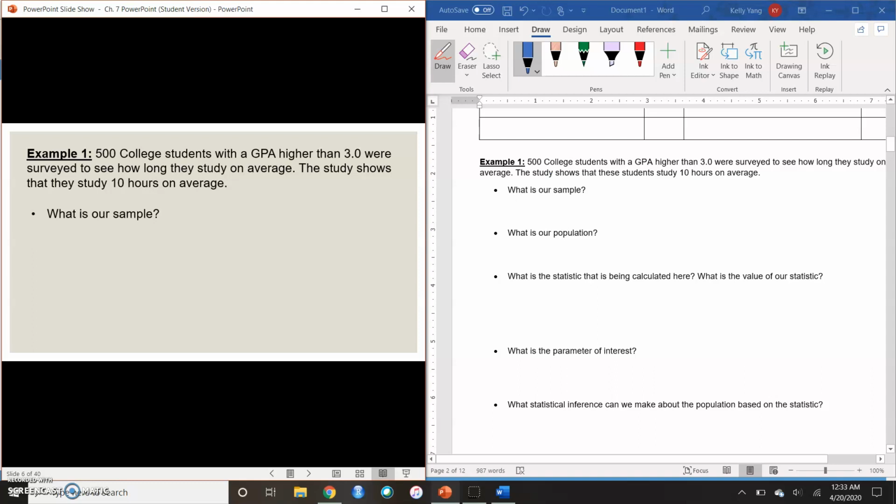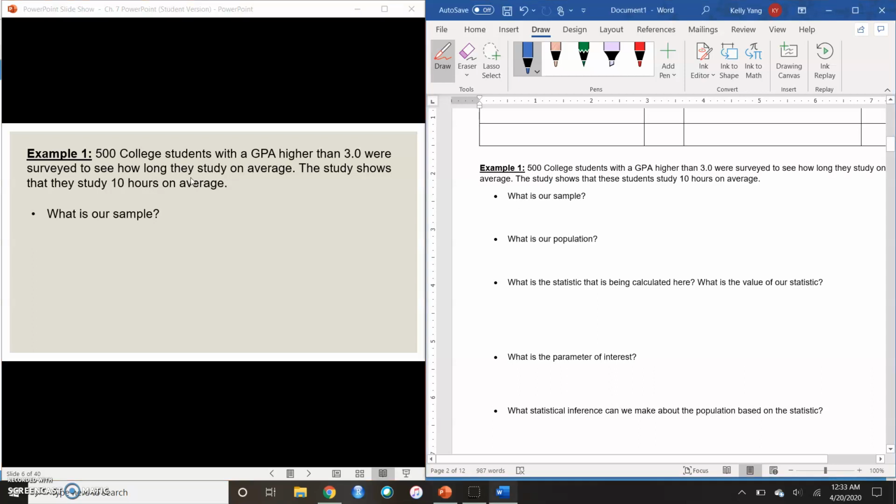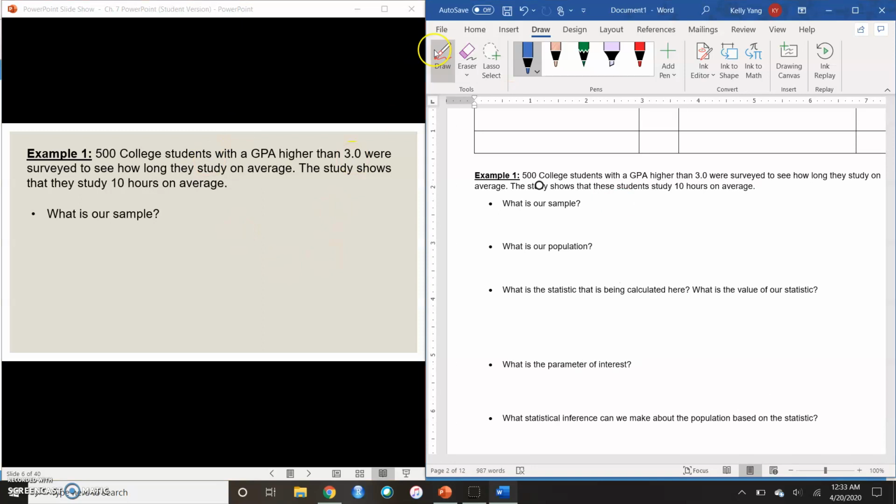So the sample consists of the 500 college students. It's very important to note that these 500 college students have a GPA higher than 3.0.